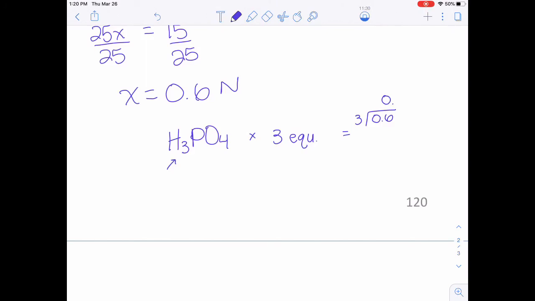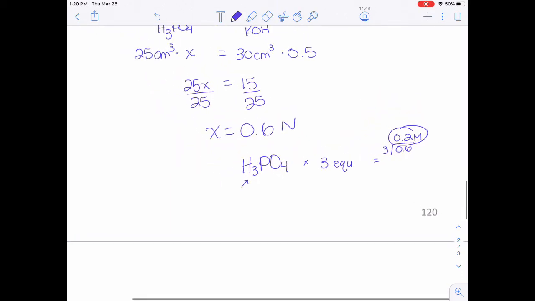The molarity of this stuff is 0.2, and 0.6 for normality, because of those 3 hydrogens on the phosphoric acid. If we had an acid like hydrochloric acid that had only 1 hydrogen, then the normality and the molarity would be the same.